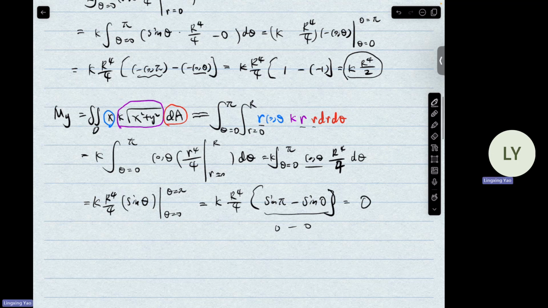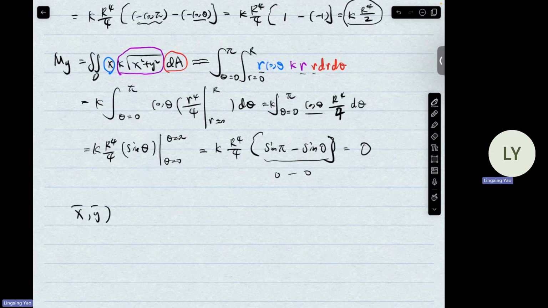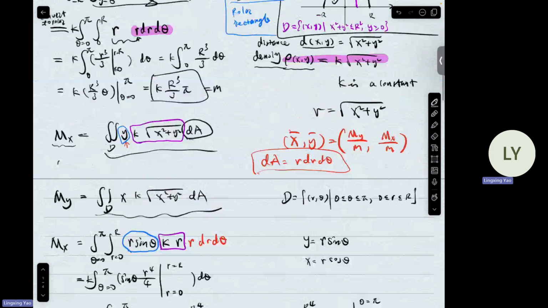Okay, so now we can compute the center of mass. The center of mass is indeed 0 over, what is the mass? M?